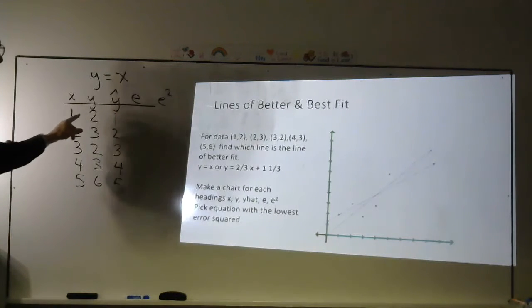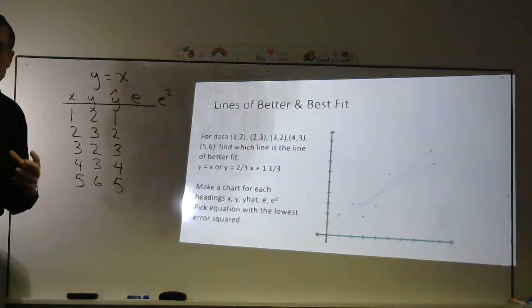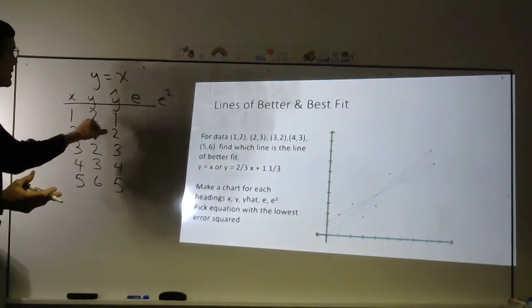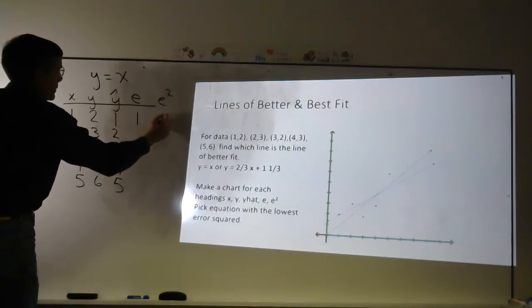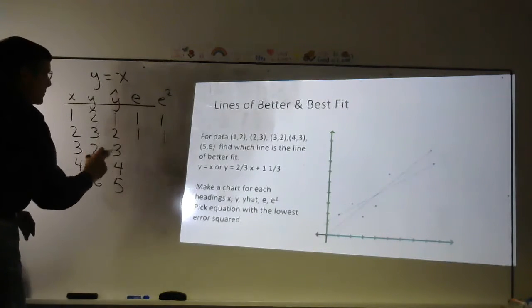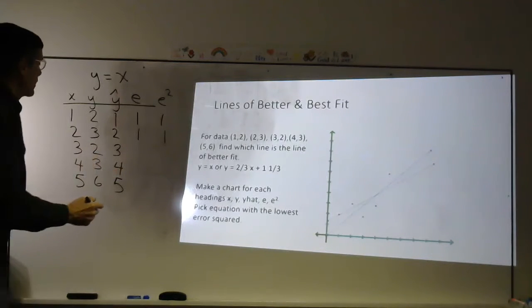Okay? Now, how about the error? Okay, we want to get the line that has the least amount of error, that is closest to the data. So we have to find the error. Between 2 and 1 is 1, squared is 1. Between 3 and 2 is 1, squared is 1. Between 2 and 3 is -1, but when you square, you get positive anyway.